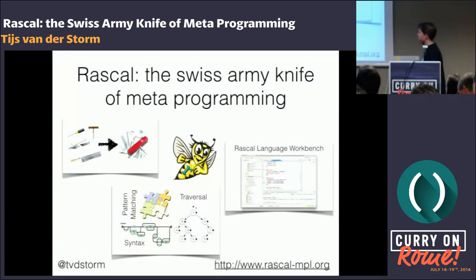You can use it to do reverse engineering tasks or metaprogramming, and the basic components that enable this are really powerful pattern matching, built-in primitives for traversal, and of course built-in syntax definition and parsing. And finally, because of that, it can also be used as a very nice language workbench where you can prototype and iterate your language designs very quickly, including IDE support and so on. Thank you very much.